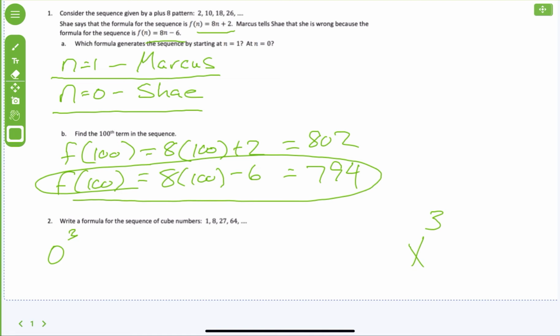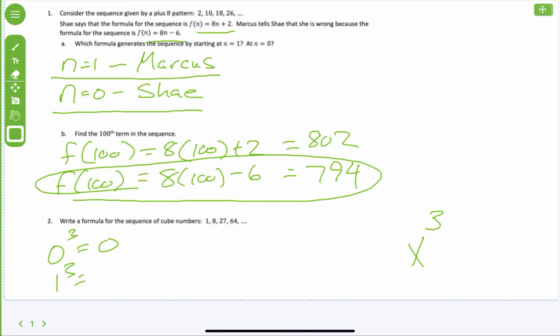Are you positive about that? 100%? You're sure? What's 1 cubed then? Michael checked. Right?